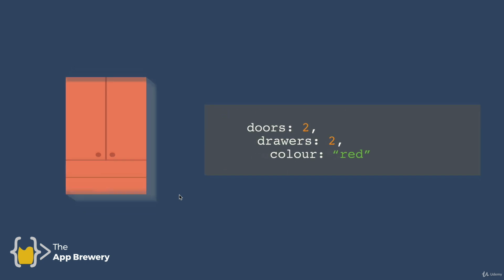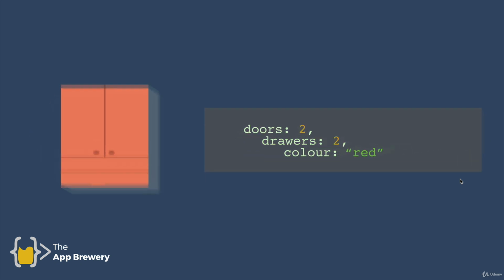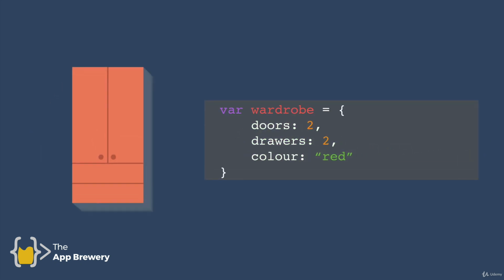Just like the flat pack furniture at IKEA, you can collapse all of that data down into a single string. And as long as we maintain where all the curly braces and the colons and the commas are, then at a later stage, once we've received that JSON as a string, we can build it back up into the original object.